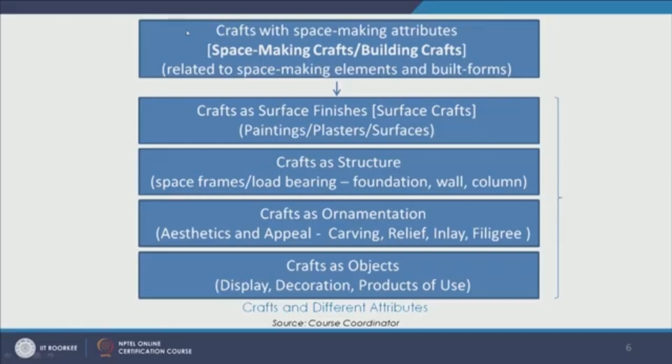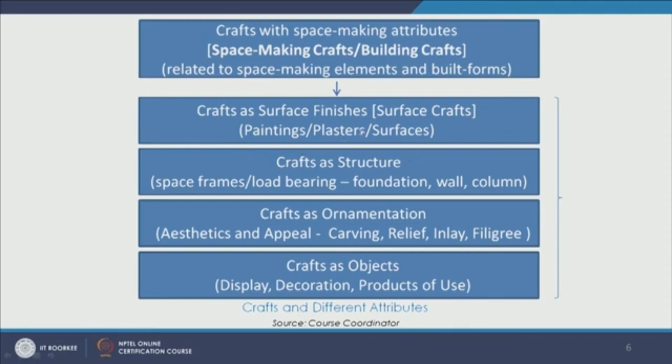We also tried to understand in the previous few modules how craft could have different attributes. So craft with space making attribute, we have now understood and established that we are calling them space making crafts or building crafts. They are related to space making elements and build forms. Now within this larger gamut of space making attributes, craft could be looked at as surface finishes or surface crafts like paintings, plasters, surfaces.